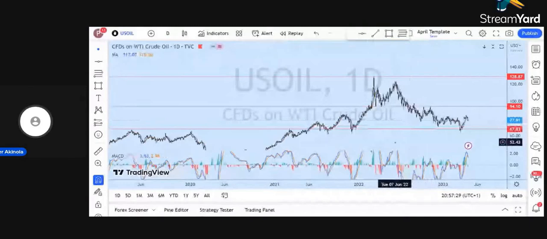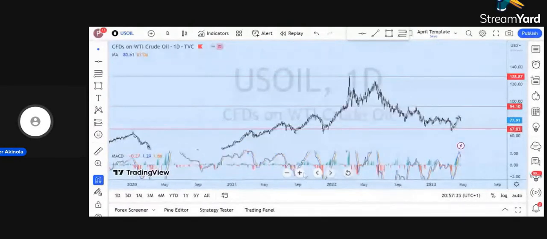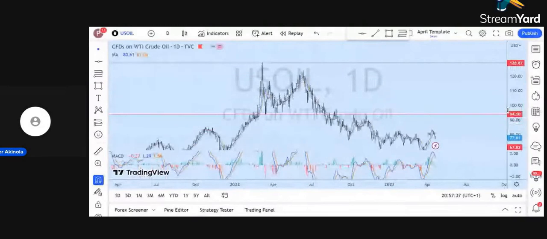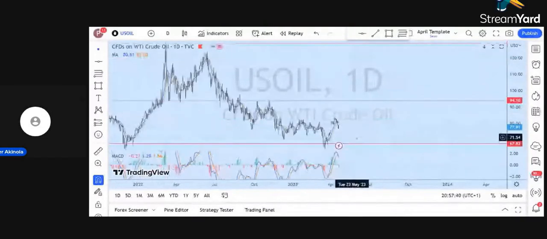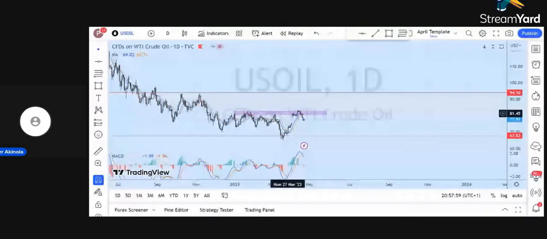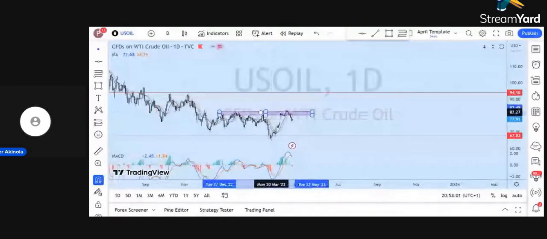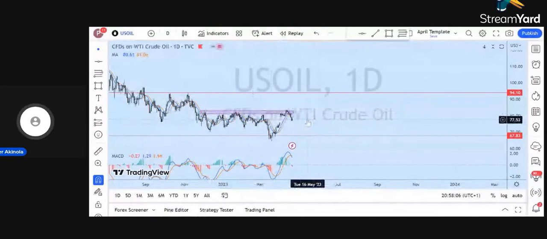So these are the major key levels on oil, but we can as well have a good one currently where price is playing. So there's an obvious price jump in here. If you look at it, in the last few days, oil has been falling.